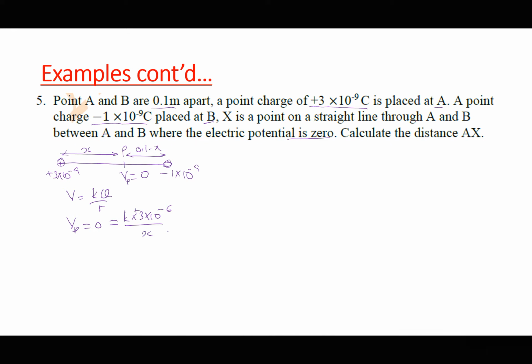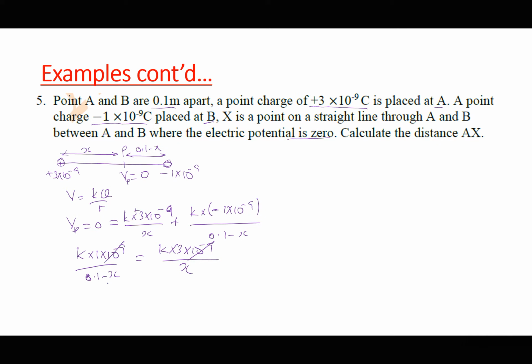So this one will be X plus K times, the other one is going to be negative 1 times 10 power negative 9 divided by 0.1 minus X. So you take one to the other side because of this minus. So I will have that K times 1 times 10 power negative 9 over 0.1 minus X is equal to K times 3 times 10 power negative 9 divided by X.